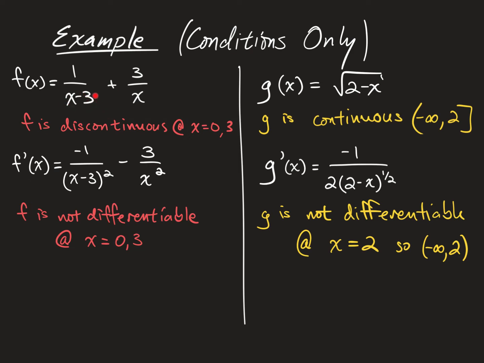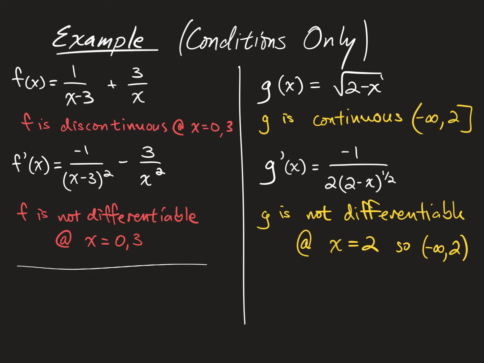We can tell just by setting each denominator equal to 0 that f is discontinuous at 0 and 3. So f being discontinuous at 0 and 3 means if there are any intervals that contain 0 or 3, then we cannot proceed with the mean value theorem.